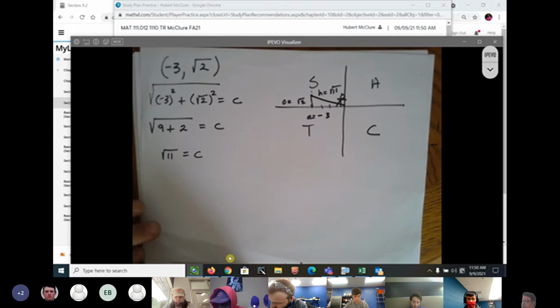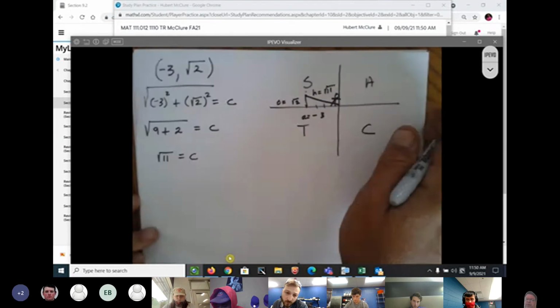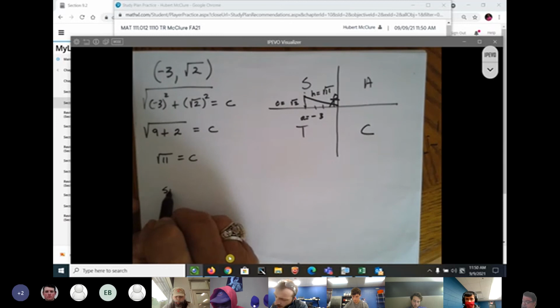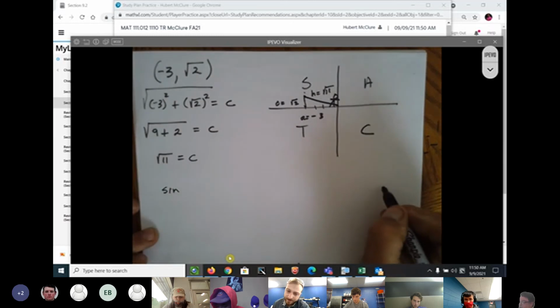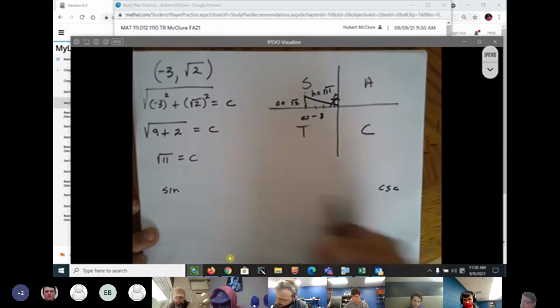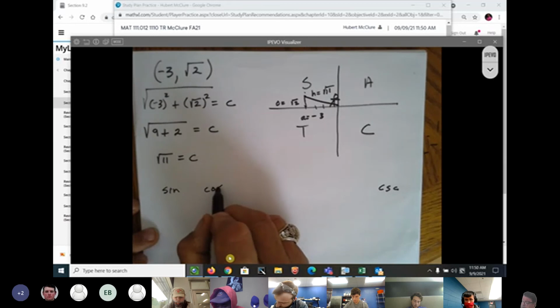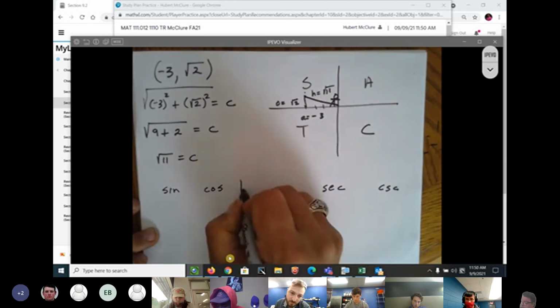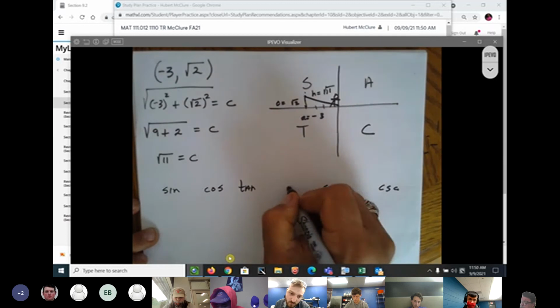So I'm going to break from tradition here because I usually do mine vertically, but I'm going to do it horizontally. Sine, cosecant, cosine, secant, tangent, cotangent.